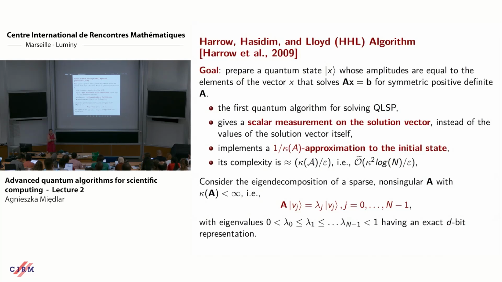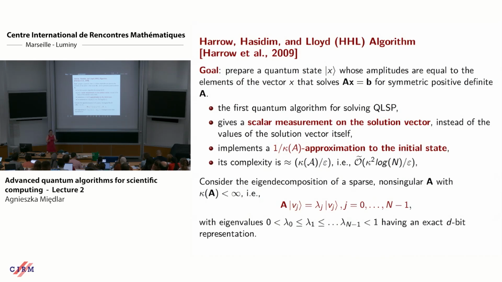So, for example, it can be of order kappa squared times the logarithm of n divided by epsilon. So remember, kappa is the condition number of matrix A. You cannot change it. Your matrix is conditioned. It's like a property of your problem. Then you have the log of n, it's a size, and then the epsilon is the parameter you can tweak because that's the quality of your approximation.